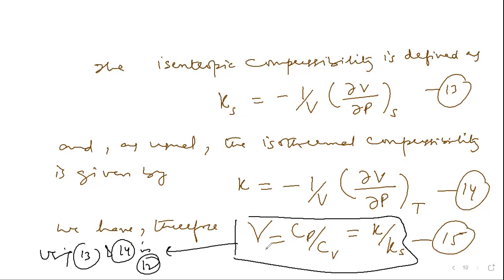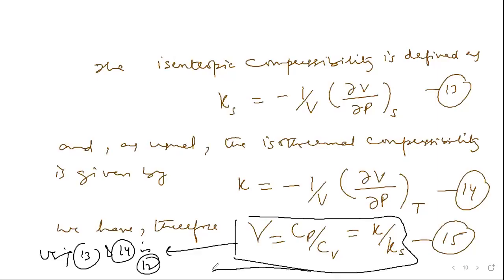You can write gamma, which is Cp by Cv, equal to the ratio of the compressibilities, kappa being the isothermal compressibility and kappa S being the isentropic compressibility, right? I should stop here. We'll discuss the topic next time.